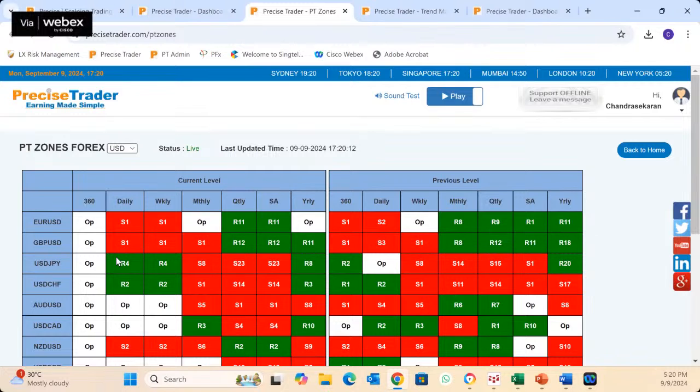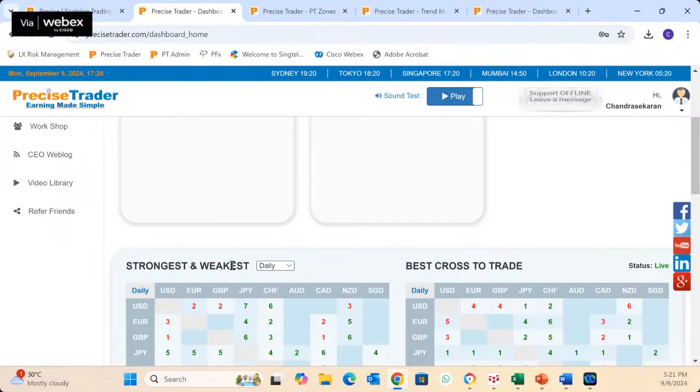So early on we wanted to do the pound, euro, and New Zealand, but now when we look at dollar yen, we probably have to look at dollar yen as well. We'll take dollar yen into consideration, because this is also moving pretty big.